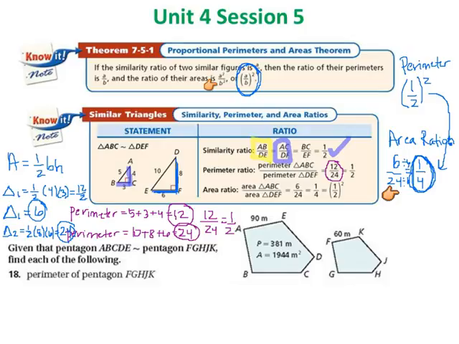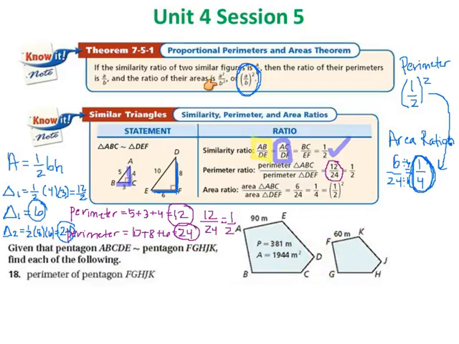We've got a lot written there. I wish I had made that a little bigger. I apologize. So here we've got a problem. It says given the pentagon ABCD is similar to the pentagon FGHJK.